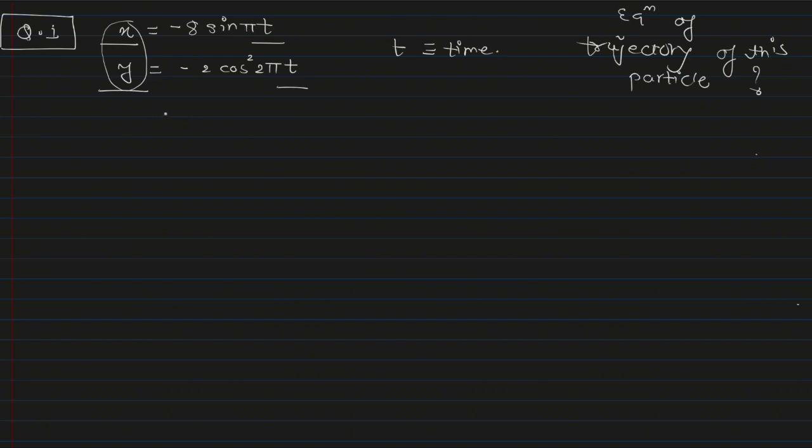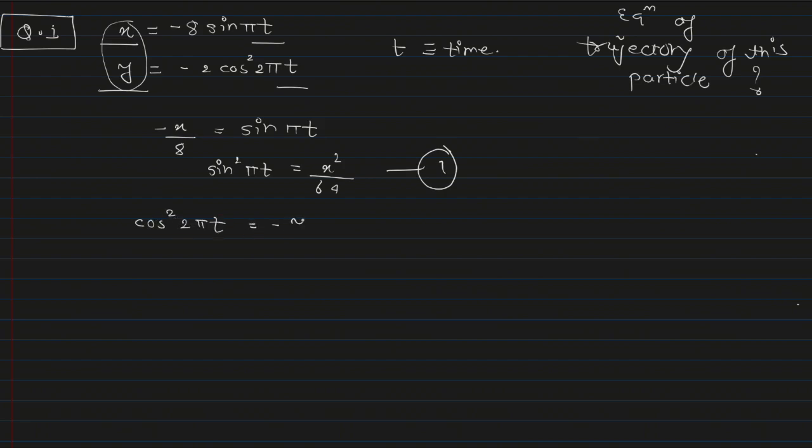So what I can write is minus x by 8 equals sine pi t. So sine square pi t equals x square by 64. Say this is equation 1. And cos square of 2 pi t equals minus y by 2. Then you can write cos square of 2 pi t as 1 minus 2 sine square pi t, which equals minus y by 2.